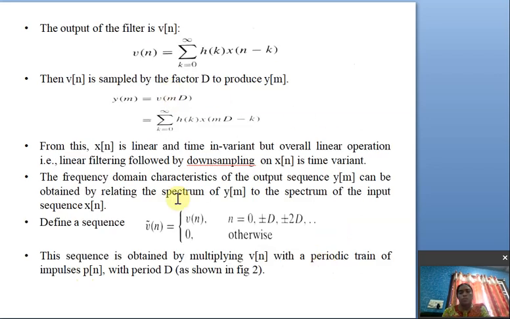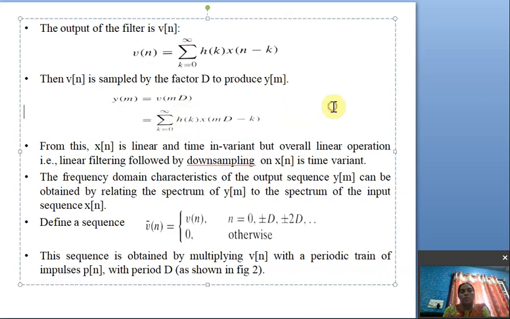Okay, right. So here is some mathematical illustration. Find the output of the filter using the convolution formula. Then the output y of m is in terms of v of n, v of md. If you do the decimation, you write v of nd as I said in the decimation definition.